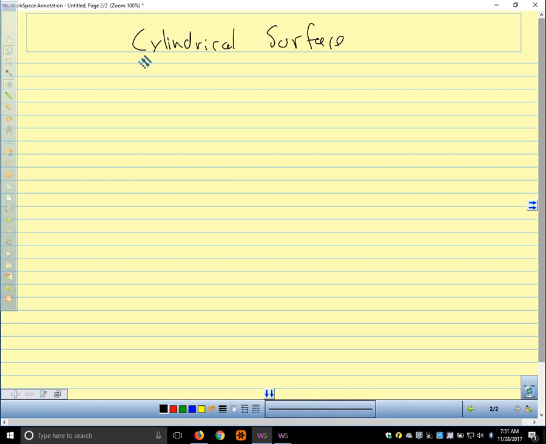And a cylindrical surface, the normal cylinder that we're used to is an example of a cylindrical surface, but cylindrical surfaces are a larger group than just circular cylinders. In space, our cylindrical surface will have an equation that only involves two of the three variables.